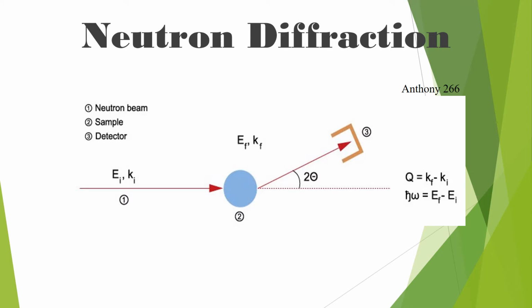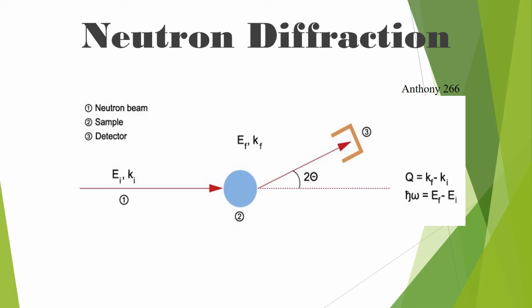Here is a neutron diffraction schematic diagram in which a neutron beam is used as a source to strike the crystal or the sample present in its way. The sample may be a crystal or some other molecule. The neutrons have some energy, and when they strike the sample, their energy is changed.